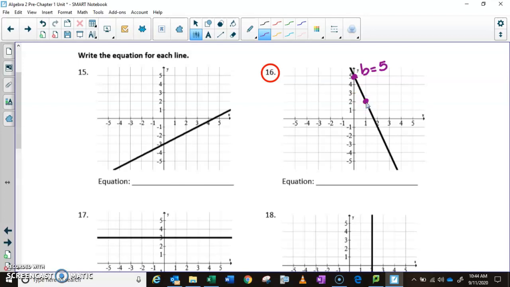My slope looks like we're coming down 3, and we're running 1. So I came down 3, ran 1, so my slope is -3. My equation, y equals mx plus b: my slope is -3x, my y-intercept is +5. So y equals -3x plus 5.